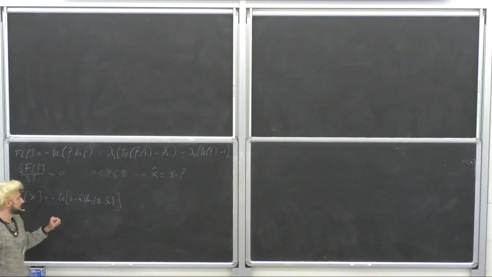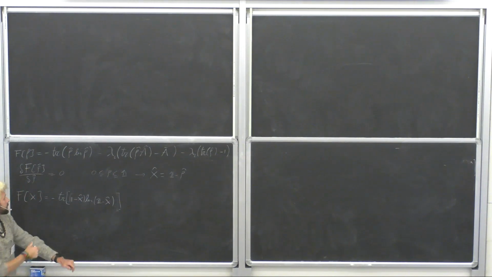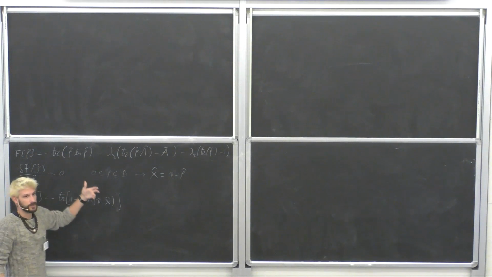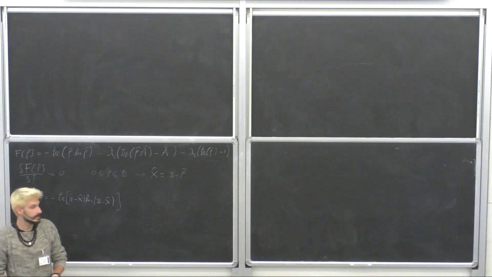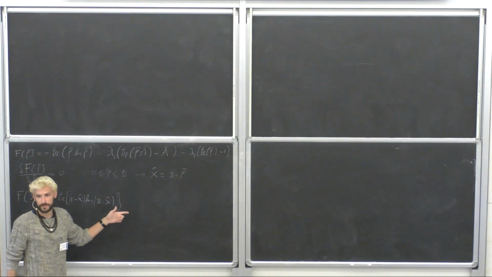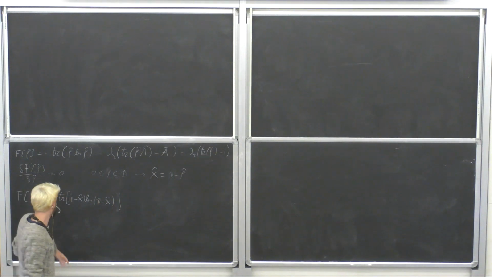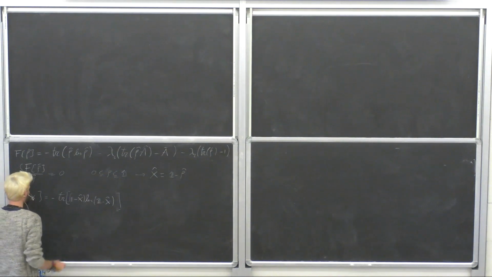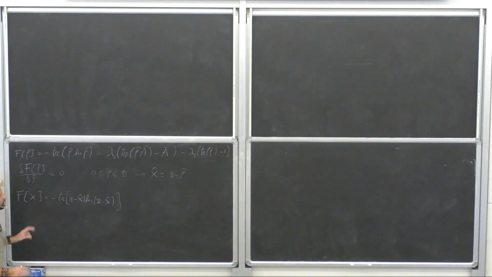Okay, this step is useful basically because a function of an operator is defined by its Taylor expansion. So it's easier to work with a logarithm of 1 minus x instead of the logarithm of rho. To compute the functional derivative, we have to compute the variation of f corresponding to a variation of rho.